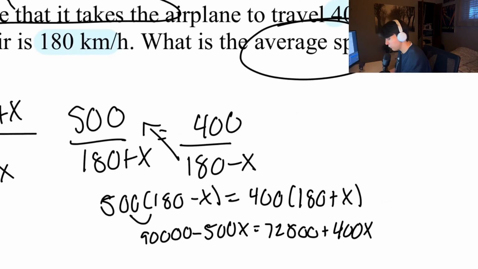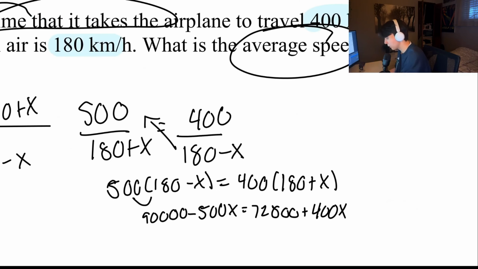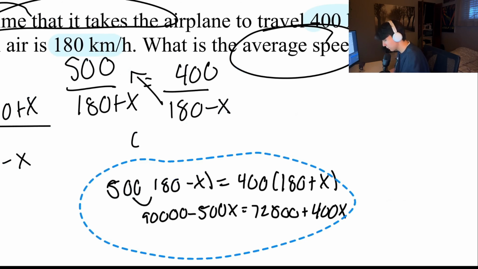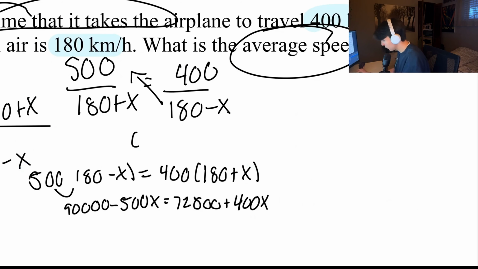Now I'm going to move all of these to one side. We can subtract 7,200 from both sides, and that gives us 90,000 minus 7,200, which gives us 82,800.